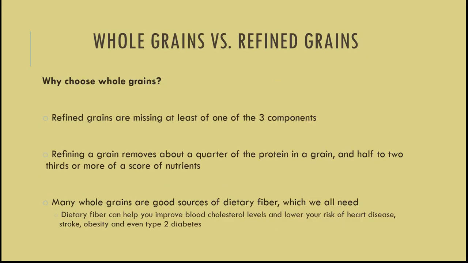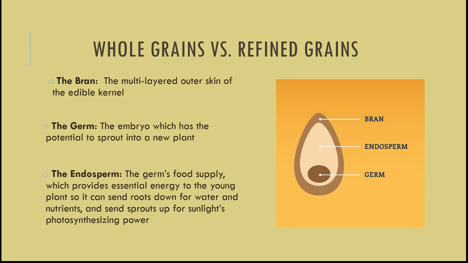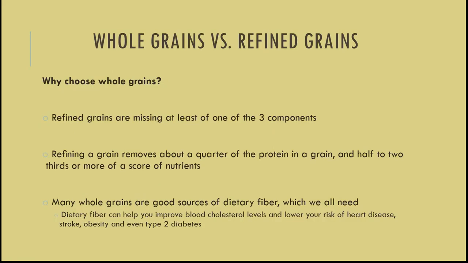For a whole grain, it needs to have all 3 of these parts of the grain. A refined grain is missing at least one of those 3 components. When you refine a grain, when you take away part of those pieces, it removes about 1/4 of the protein in the grain and also removes about 1/2 to 2/3 or more of the nutrients.